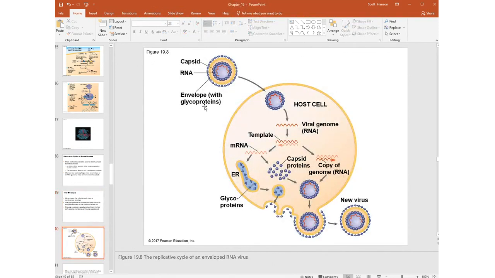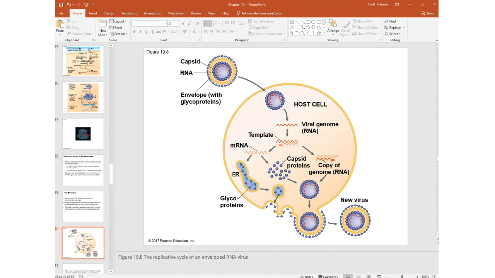Basically, here you can see you've got a virus, and it enters the host cell, and then it's got an RNA genome, and it uses that as a template to produce messenger RNA. The messenger RNA produces more capsid proteins, and they get glycoproteins from the endoplasmic reticulum.